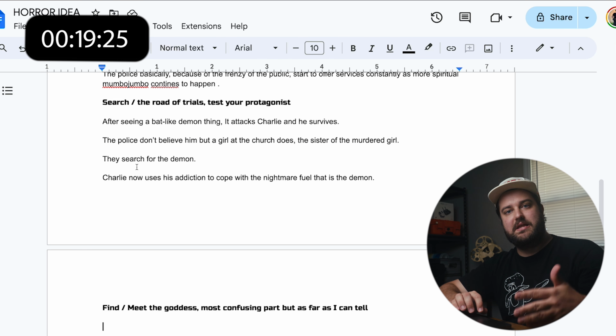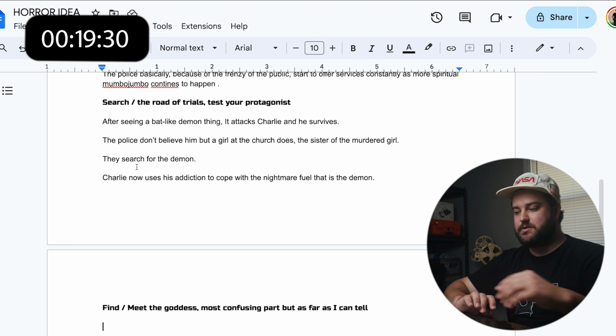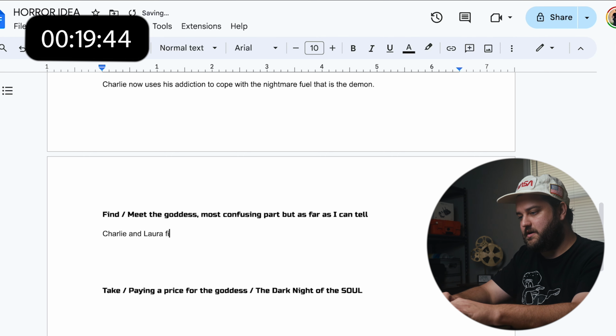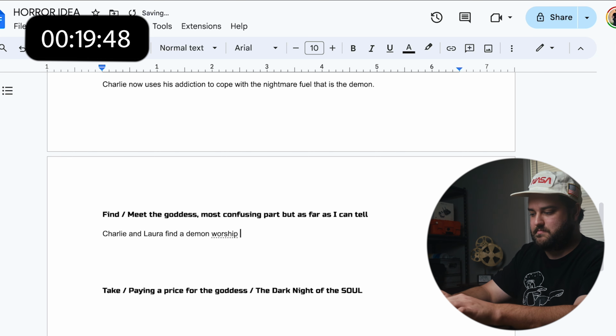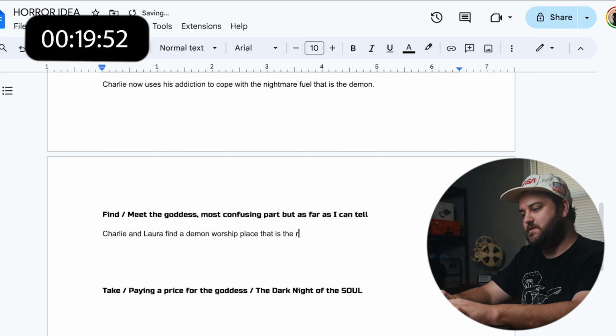So in the meeting of the goddess, I'm trying to figure out the best way that the demon would have a relationship with Charlie. And this is probably where people are screaming at the screen telling me what it should be, but what do I want it to be? We're gonna call her Laura because I'm tired of calling her the sister of the girl who died most recently. Charlie and Laura find a demon worship place that is the resting cave of the demon.